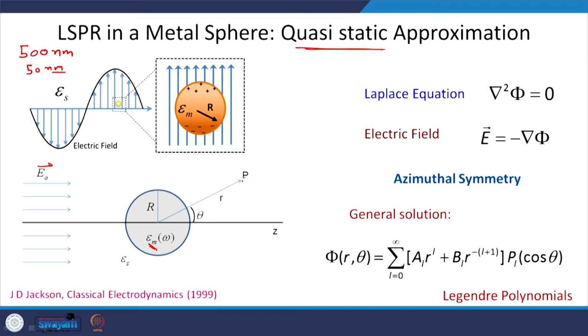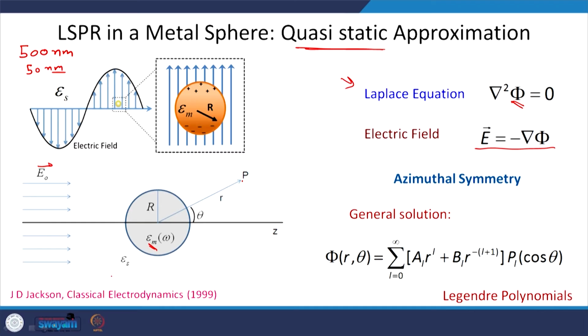If you want to solve this, once we solve it analytically for this electrostatic problem, then we can introduce the time varying part, the omega part, and see how it behaves. So, we can solve it using the Laplace equation, then evaluate the potentials, and then take a derivative to get the electric field.